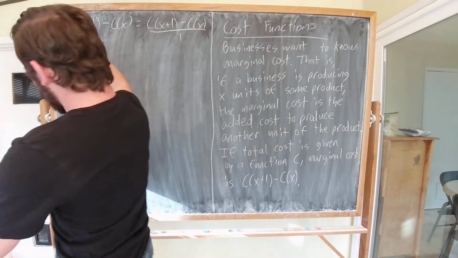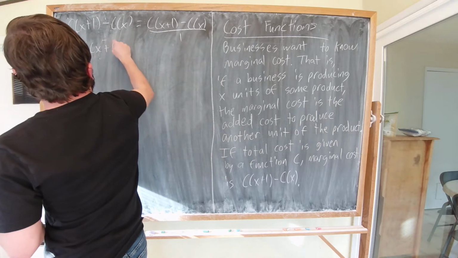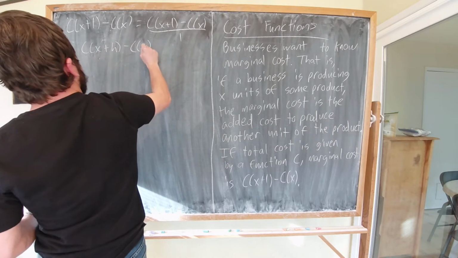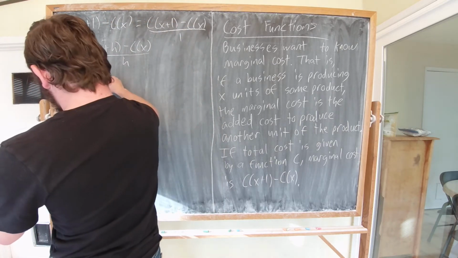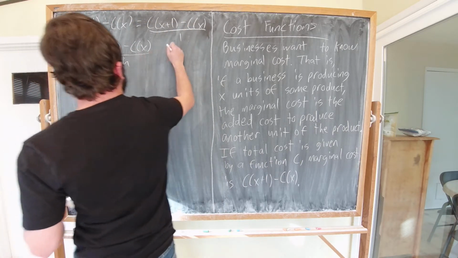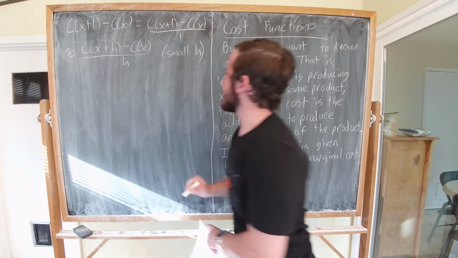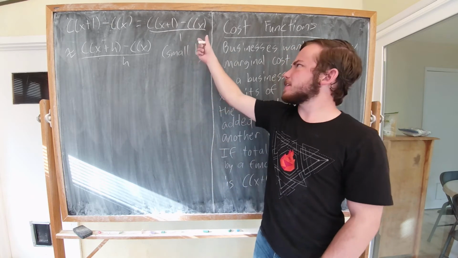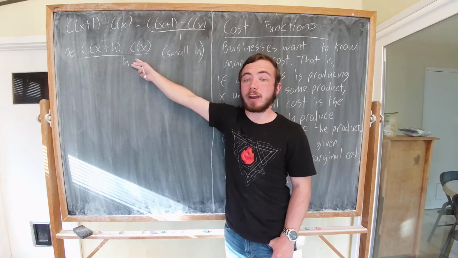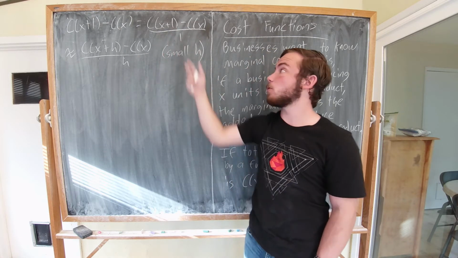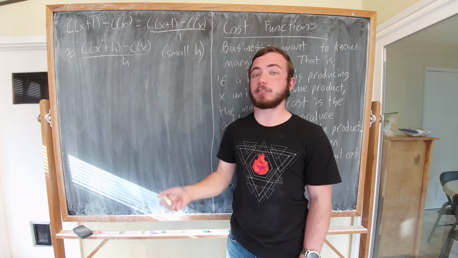And this is really, really close, so about, C of x plus h minus C of x divided by h when h is small. Okay, so that kind of makes sense, right? The difference between those two things, as long as we're picking a small enough h, maybe h is less than 1, right? As long as it's small enough, these two quantities are going to be relatively close to each other numerically.